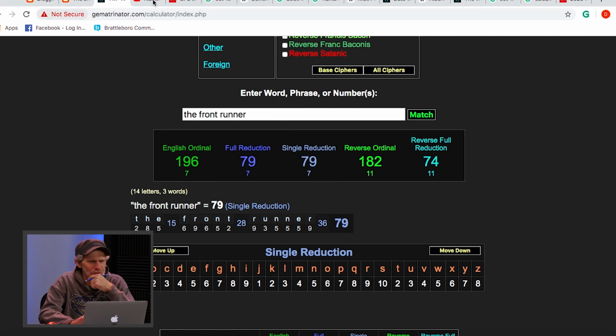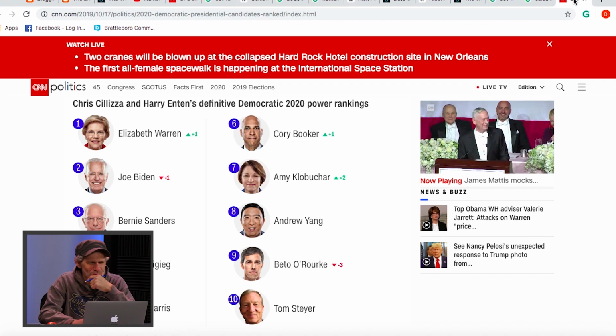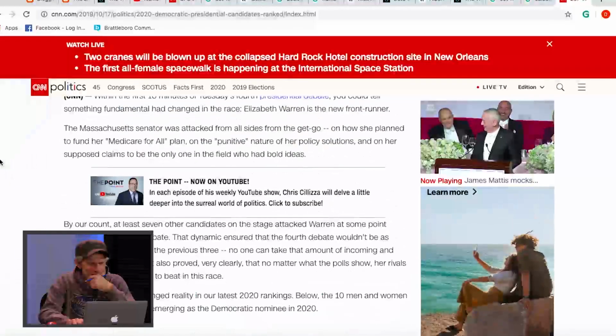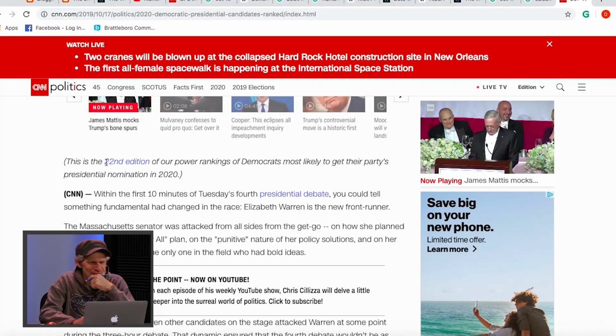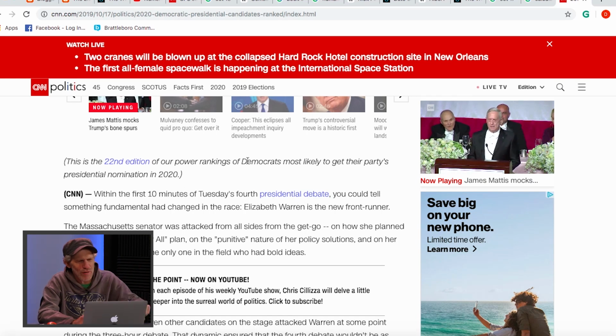And remember, they're talking, this is the 22nd, what are they saying? The 22nd edition. Yeah, this is the 22nd edition of our power rankings. And this is for the president, the nomination in 2020. And I think there were 22 Democrats that were originally in this field.